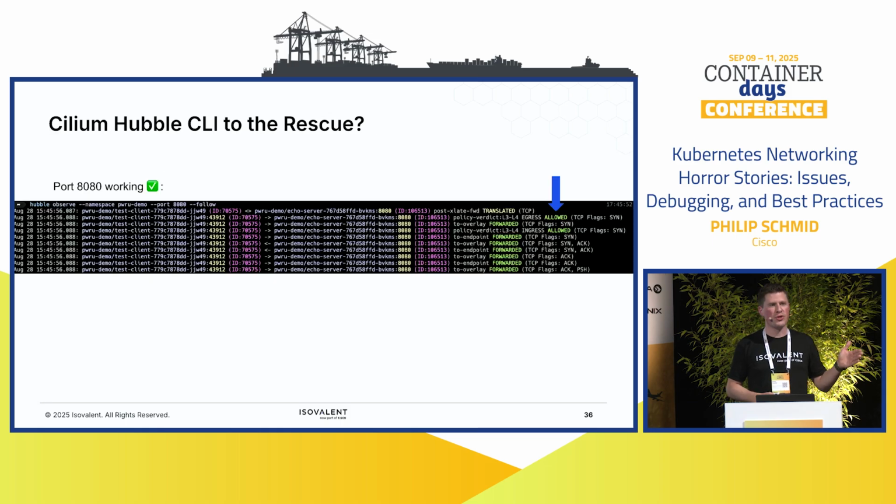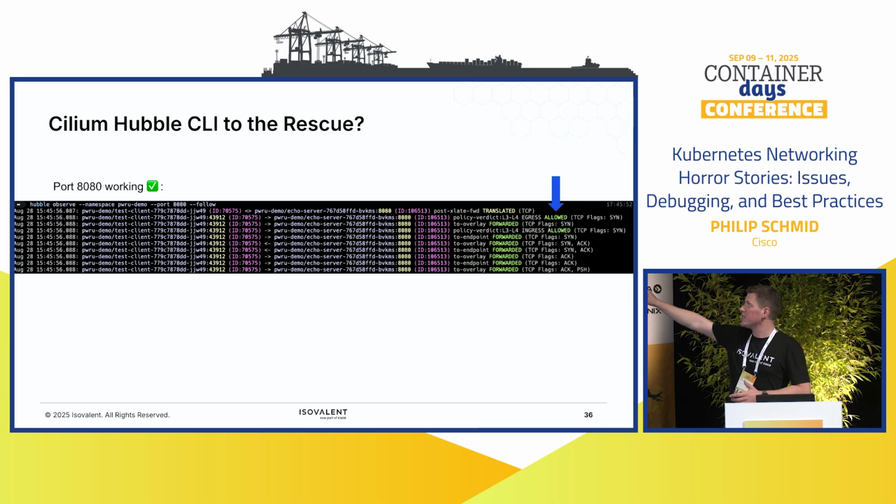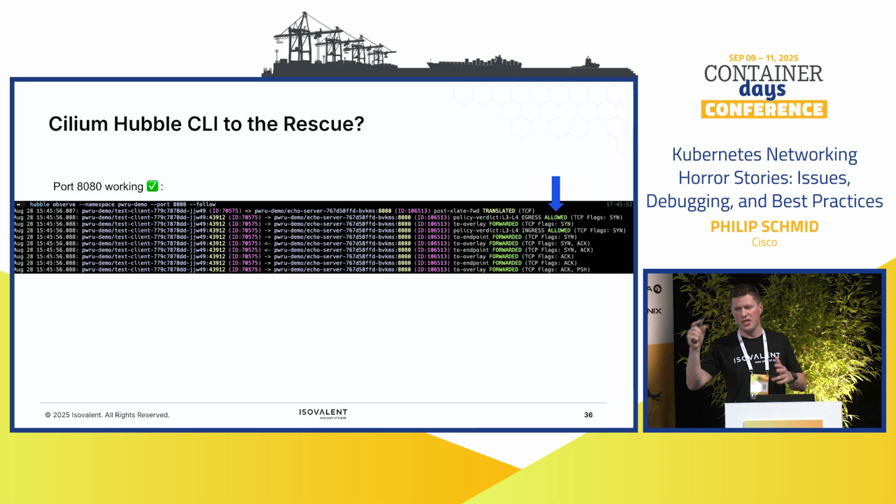Now, let's double check if the network policy enforcement is really sufficient. And luckily, there's a super powerful tool provided by Cilium that comes out of the box, which is called Hubble. And this one does not only show you a tcpdump or tshark output, it's also enriched with Kubernetes metadata. So you actually see namespace names, pod names, you see the Cilium identities, you see things like if it's allowed there on line 2 in egress direction, or if it's denied, you would also see a deny.